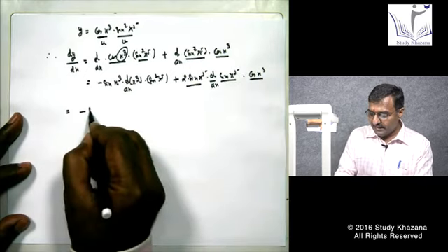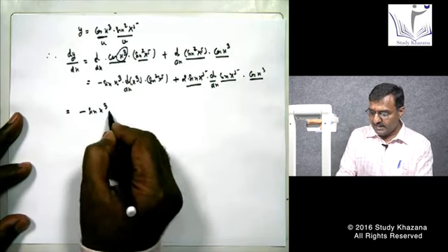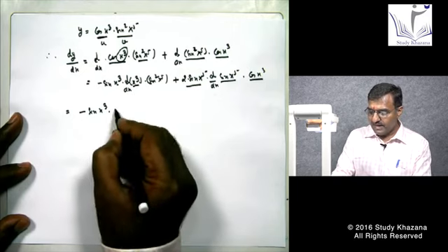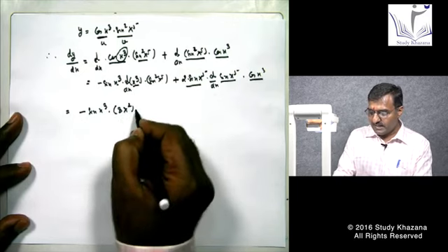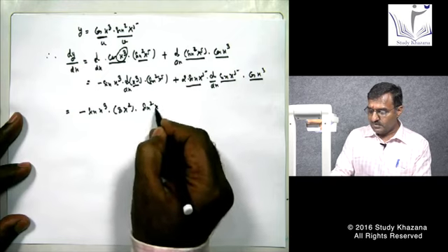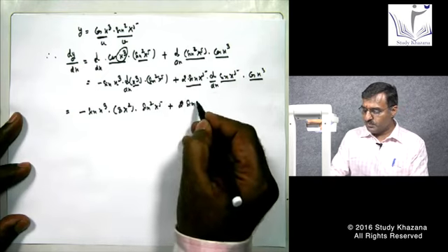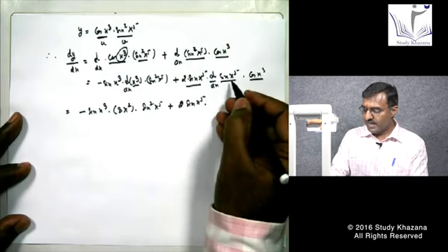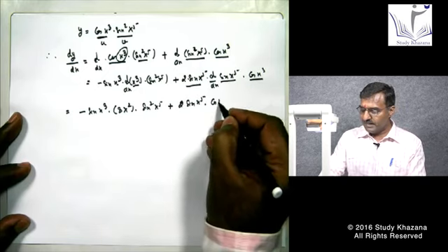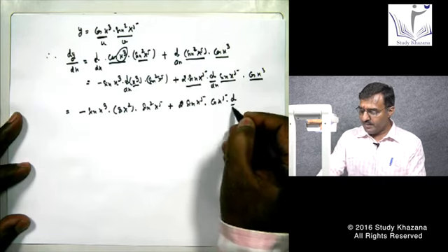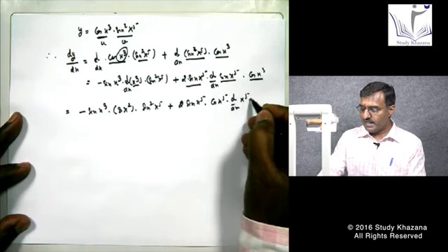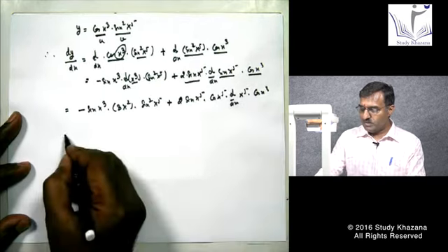So now what I can write here is minus sin x3 into d by dx of x3, which is 3x square, into sin square x to the power 5, plus now 2 sin x5 into the derivative of sin, cos x5 into d by dx of x5, multiplied by cos x cube.